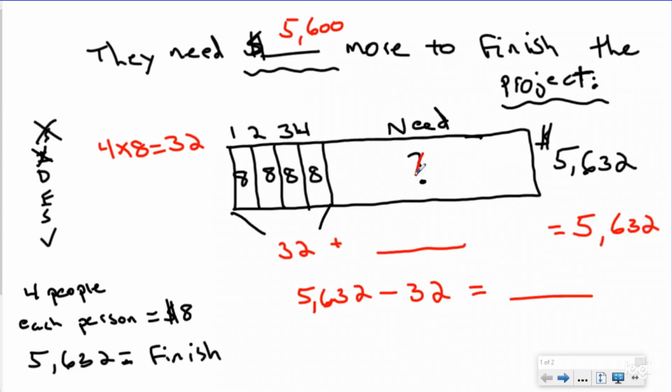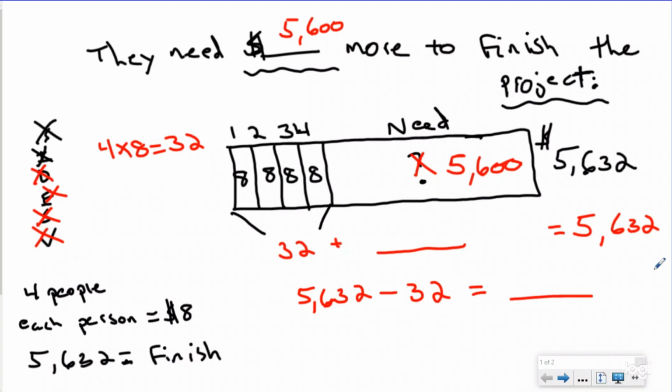And then this right here would be 5,600, and if you want to double check, we did our equation. If you want to check it as a part of that, 5,600 plus 32 equals 5,632. So we've checked it, it makes sense, and that's how you do that. Now that's a multi-step equation, but if you develop your plan, and you might not have used a tape diagram, although I think those are the best thing out there for this, you know that this is actually a two-step question, but I knew what I needed the whole time.